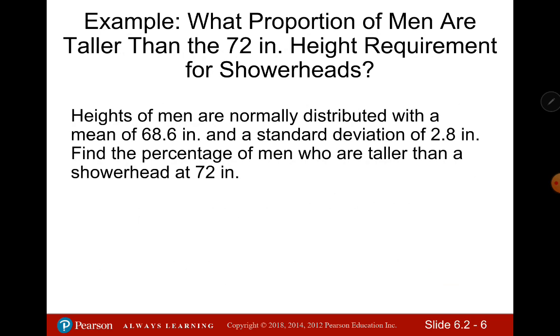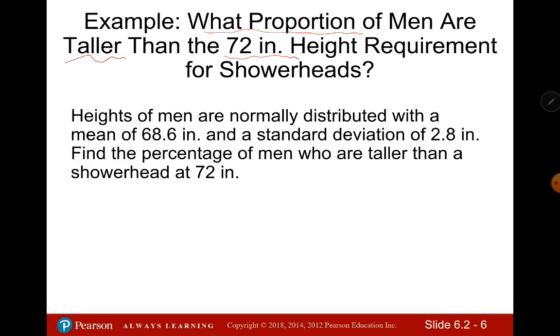The example is talking about what proportion of men. Here, proportion is another way to talk about the probability. So we can also say what probability of men are taller than 72. Make sure you know it's taller than. So it should be the area to the left or right.